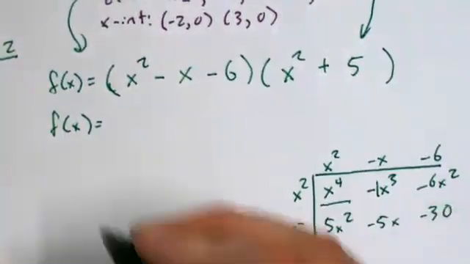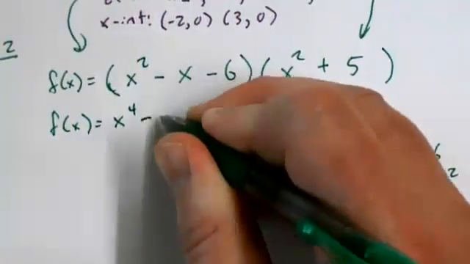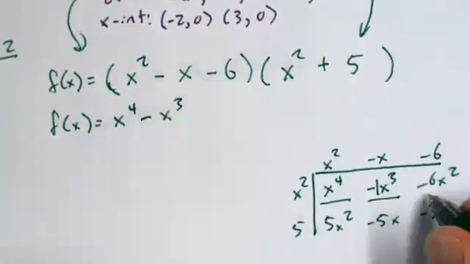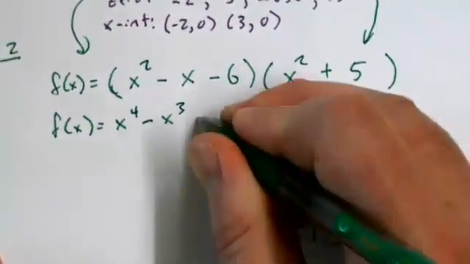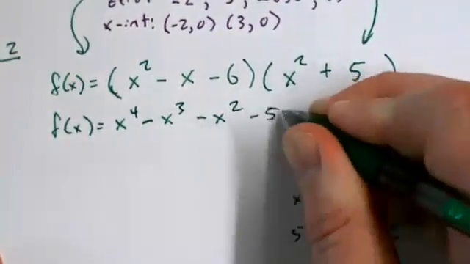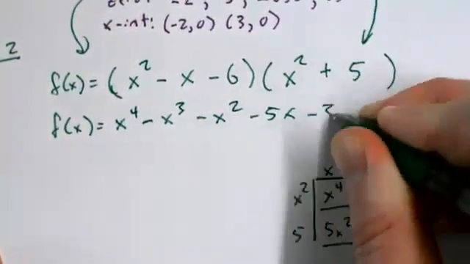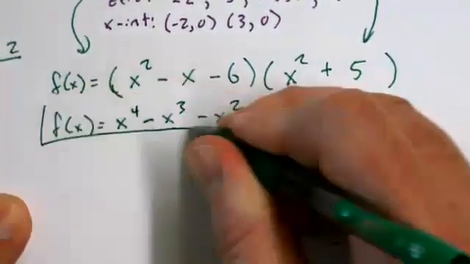So x to the 4th doesn't combine with anybody, neither does -1x to the 3rd. -6x squared and +5x squared, that's going to be -1x squared. -5x doesn't combine, and neither does -30. I've picked up everything, so that's going to be my final polynomial in standard form.